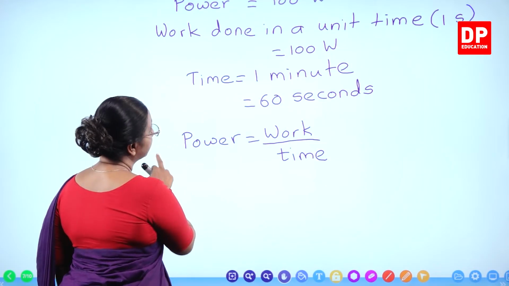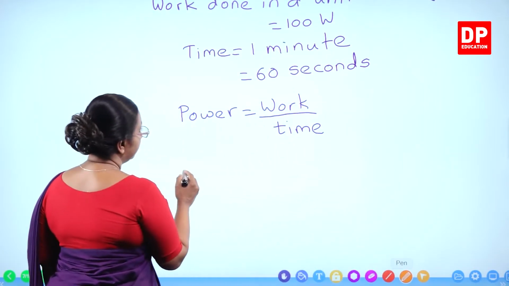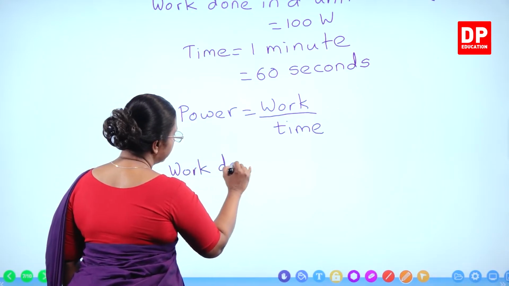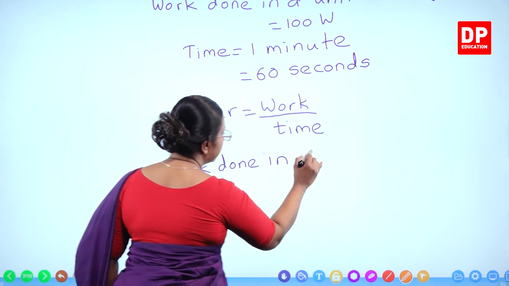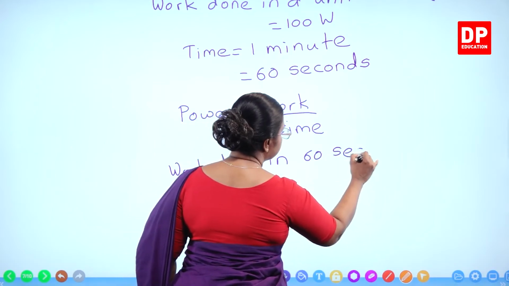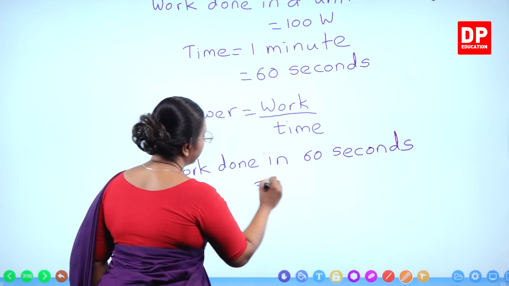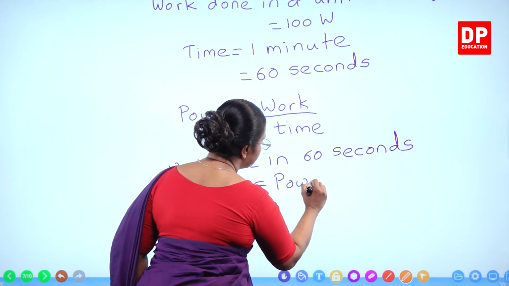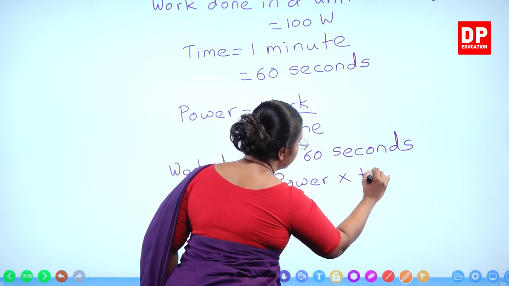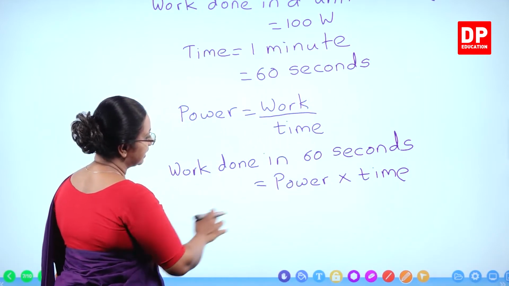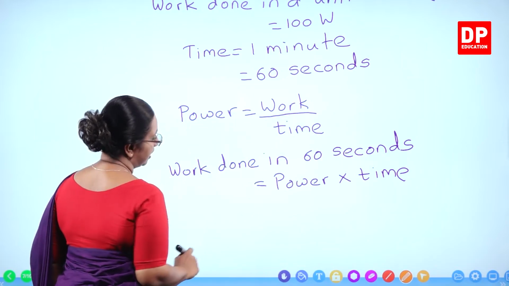How do we do that? We can say work done in 60 seconds is equal to what? Power into time. So you rearrange: work done in 60 seconds equals power into time.